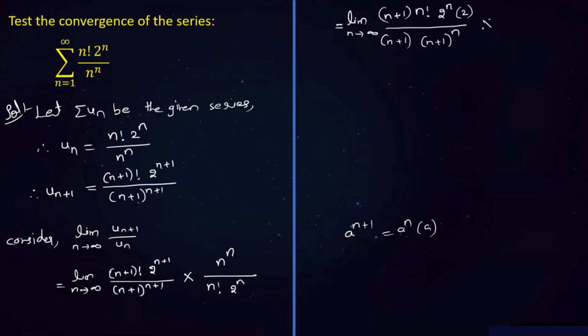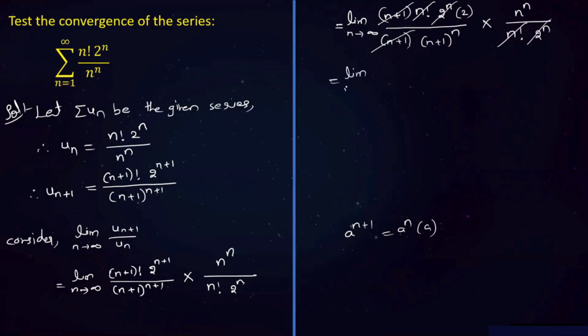On this side, I'm writing these things as they are, n to the power of n divided by n factorial into 2 to the power of n. See what terms can be cancelled here: n plus 1 with n plus 1, those two can be cancelled out. Here n factorial can be cancelled out, and here 2 to the power of n. So we have cancelled these things.